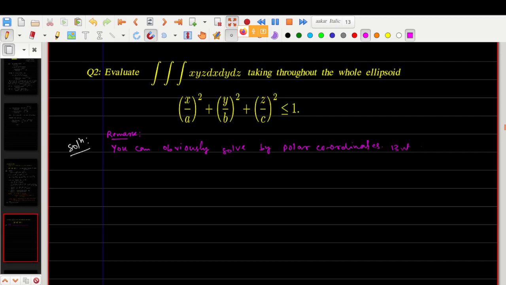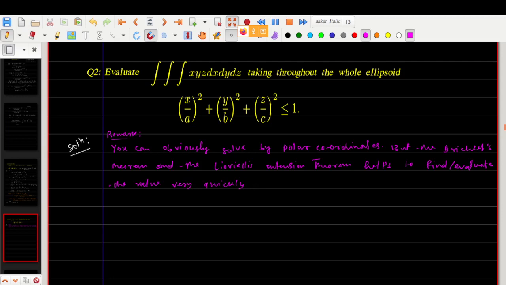But the Dirichlet's theorem and the Liouville's extension theorem help to find or evaluate the value very quickly and with less complication.